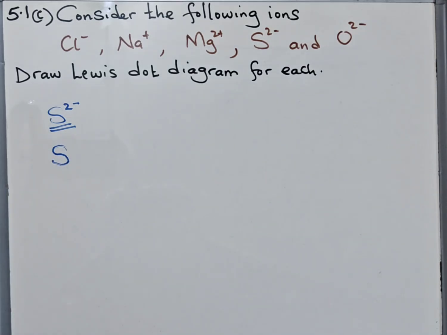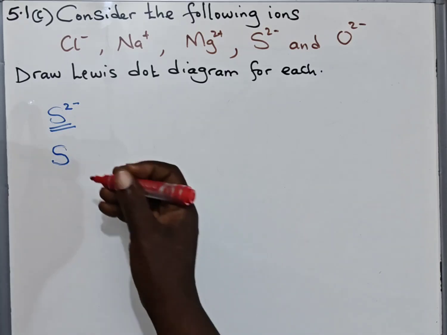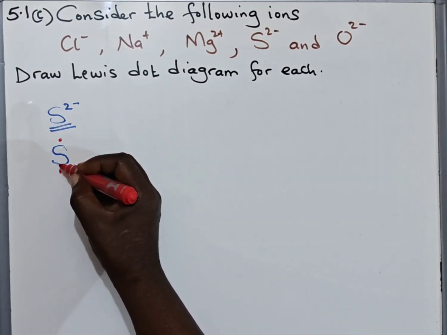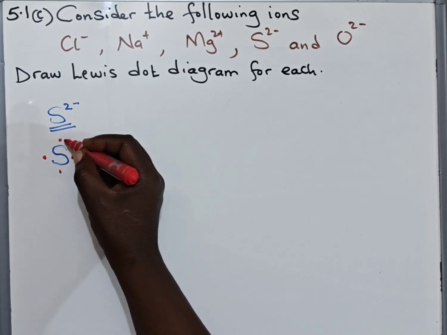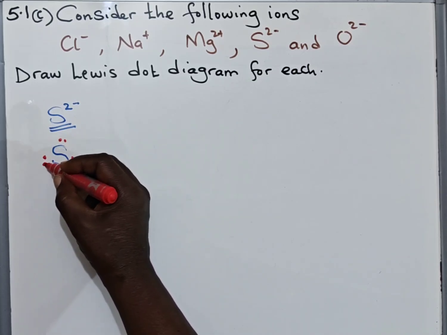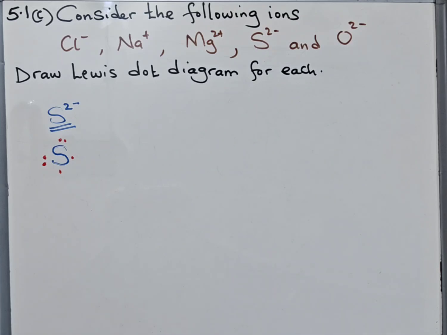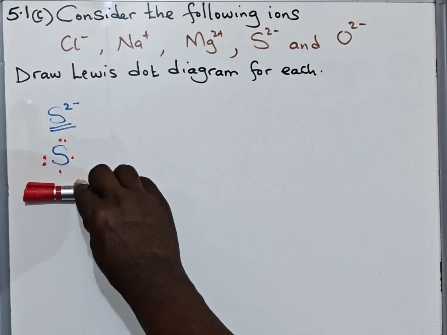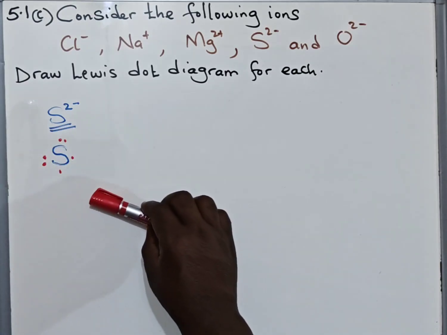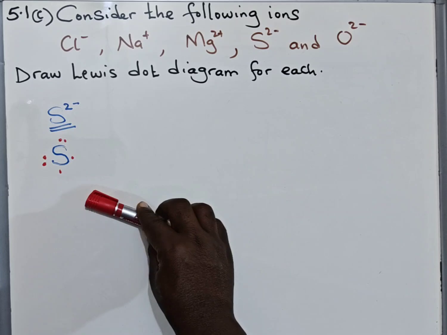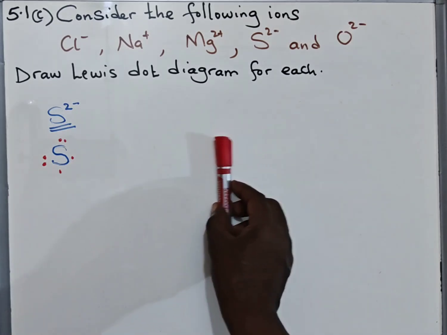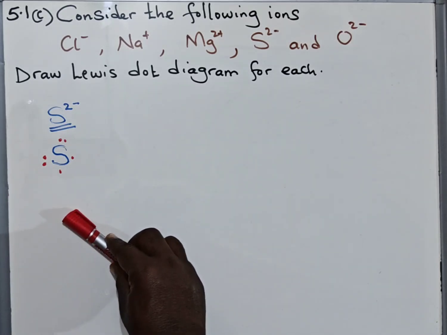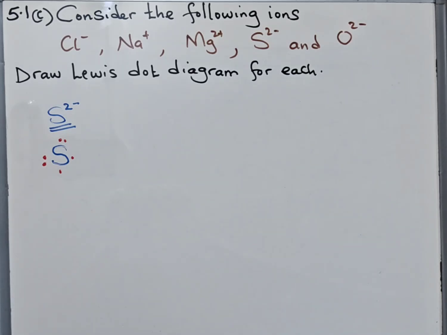Sulfur belongs to group 16, having 6 valence electrons, and we show them: 1, 2, 3, 4, 5, 6. And sulfur wants to attain stability by having a complete energy level. So there are 2 ways. It can lose the 6 or gain the 2. And the best alternative is to gain the 2.